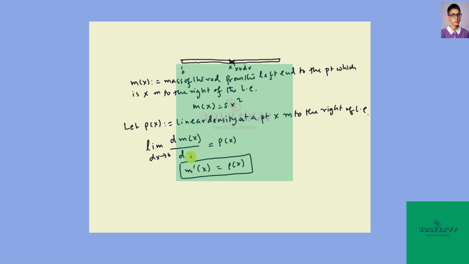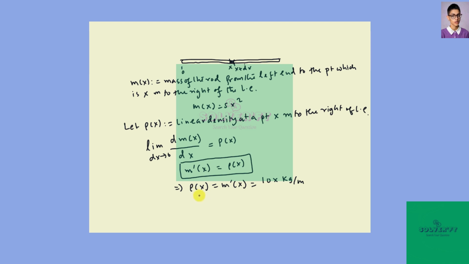But m(x) is given to be 5x squared. This implies that rho(x) equals m prime of x, which is equal to 10x, and the units will be kg per meter. Since m(x) has units kg and x has units meters, m prime of x will have units kg per meter. So it will be 10x kg per meter.